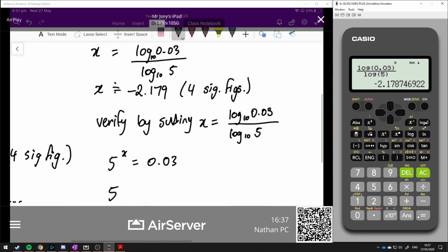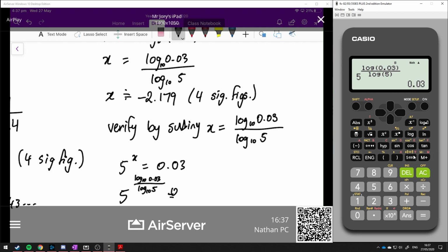So I'm going to verify this by putting 5 to the power of log 10 of 0.03 over log 10 of 5. Okay, and that should give us exactly 0.03 this time because it's not approximating. So 5 to the power of log of 0.03, close the bracket, log of 5, close it, and there we go.